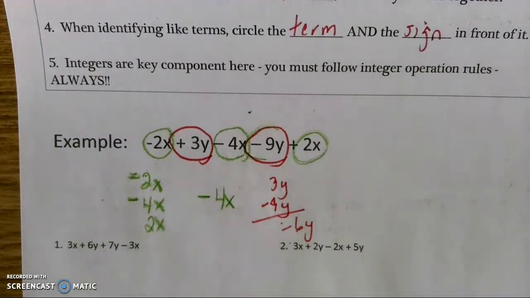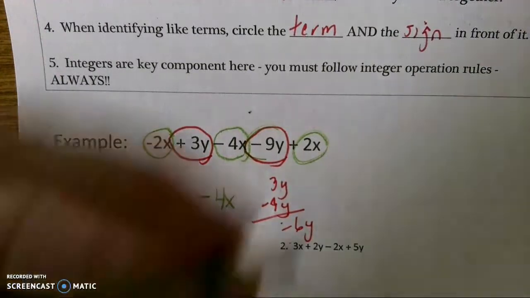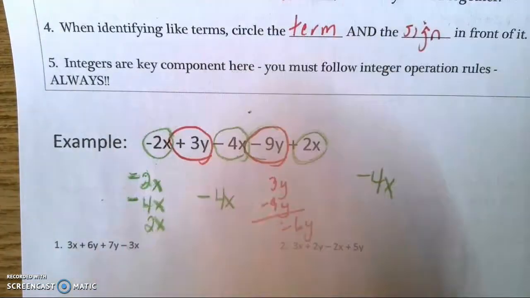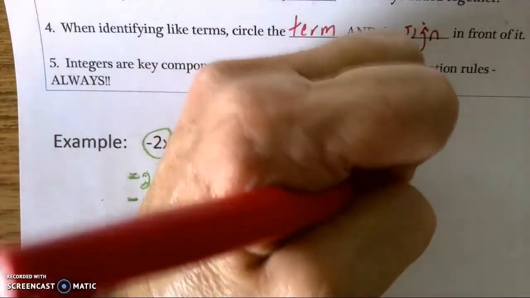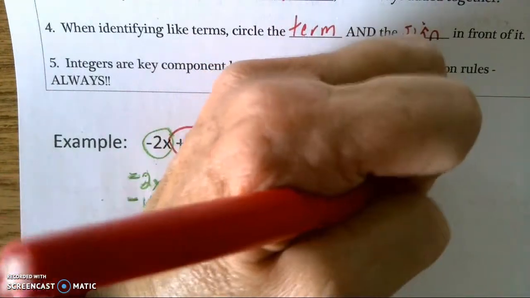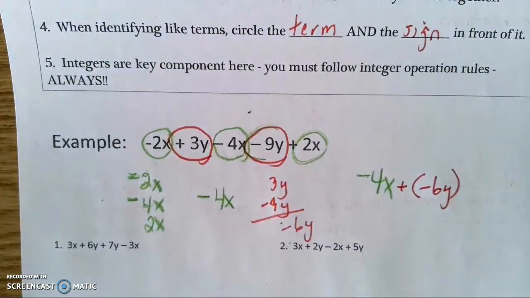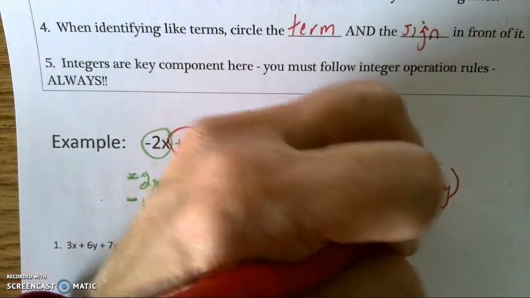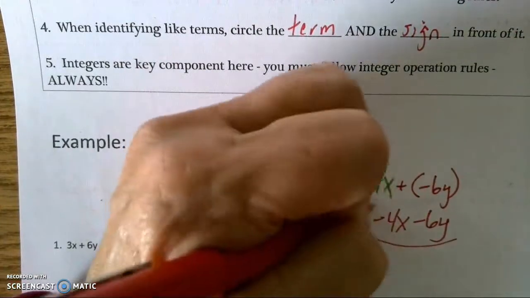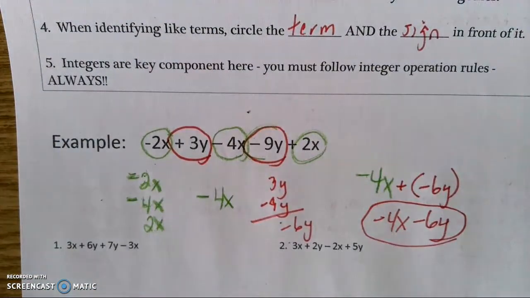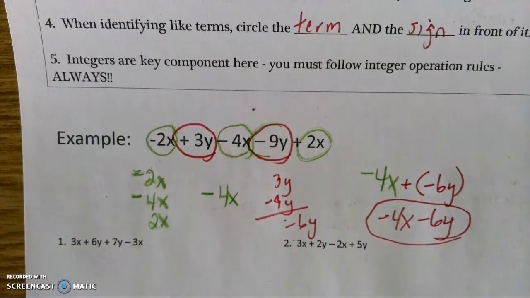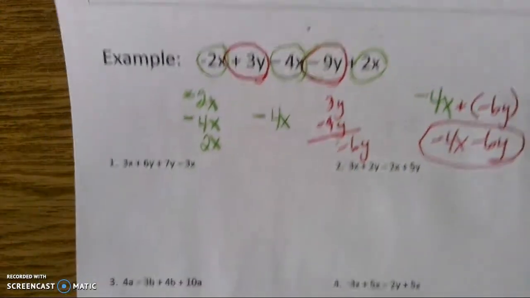So my expression, simplified, is negative 4x plus negative 6y, or I can just rewrite that negative 4x minus 6y. That's simplified terms. Now, if you don't have two different colored pencils or two different highlighters, you can always circle and box, and that's what I'm going to do in the next example.